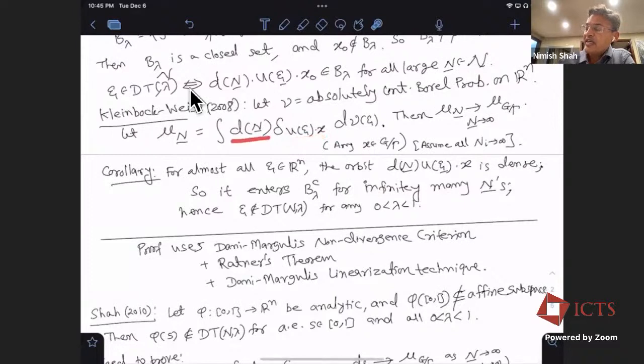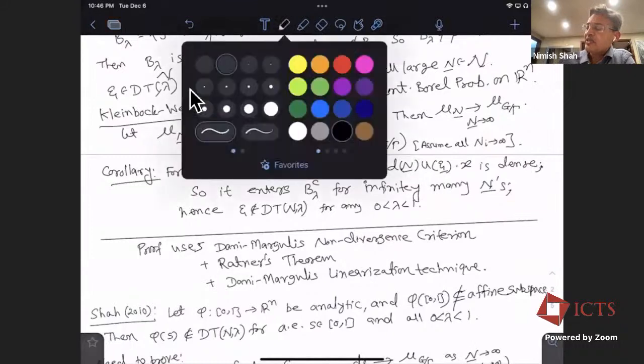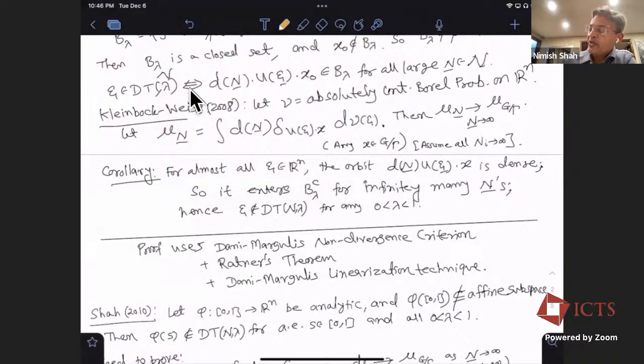You translate it by d_n, the diagonal matrix, and you integrate over c. So what you are doing is, in fact, something very simple. I made it very complicated.